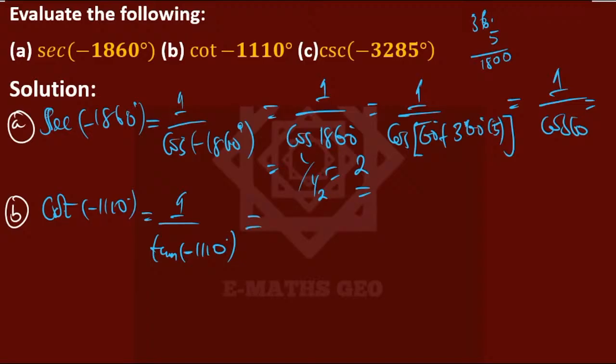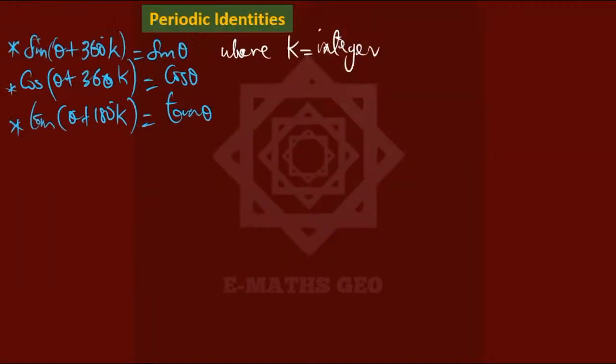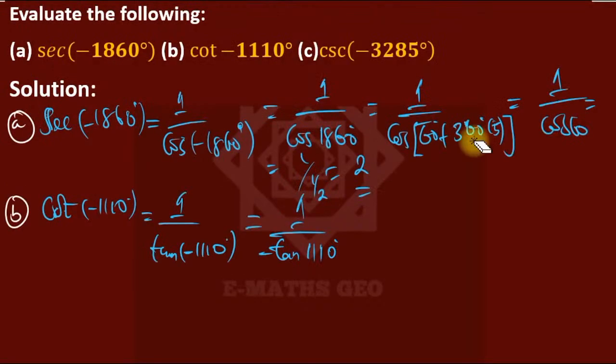Now remember, tan is an odd function. We need to bring out the negative sign. So now I have 1110. Now how many 180s are here? We're using the periodic identity now. Let's guess.